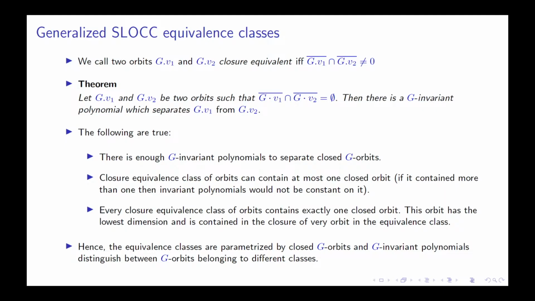I told you that if the closures intersect, you cannot distinguish them by a polynomial, but if they do not intersect, there is a G-invariant polynomial which differentiates between the two. And moreover, we can produce enough such G-invariant polynomials to separate closed G orbits.